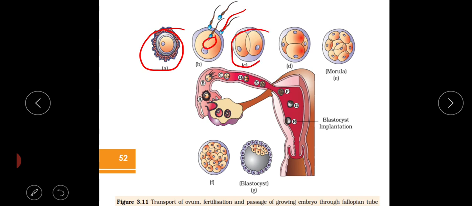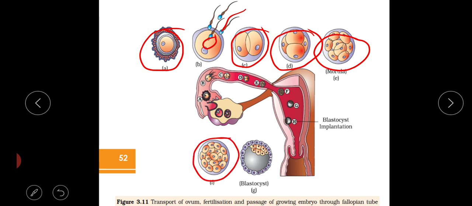Then there is a diploid stage of the cells, and then 2 cells, 4 cells, and a 16-cell stage. So the morula stage is there. After that, the blastula stage, and then the blastocyst is formed. This blastocyst comes and has the implantation over here.